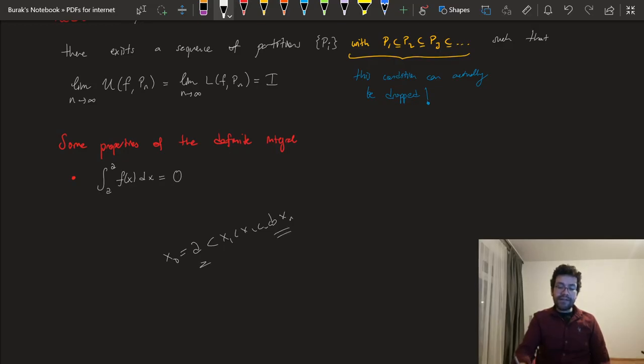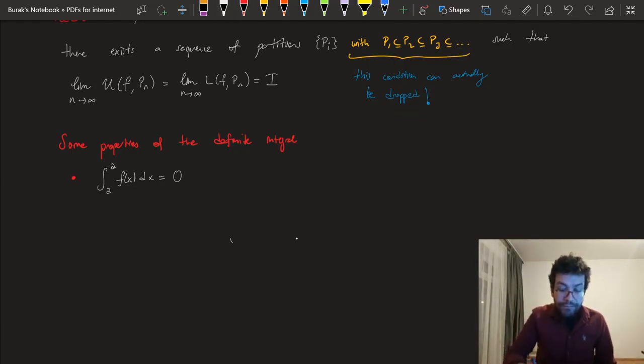If a and b are the same point, then you can't get any non-trivial partitions of that interval. The only partition that you can get is x0 is a, x1 is a. That's it. And in that case, if you try to write down the Riemann sums, you'll see that the delta xi's that we used last time are 0. I mean, there's only one xi actually, and it is 0.